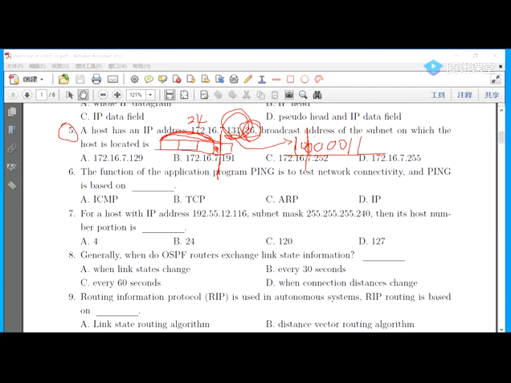/26 means the boundary between the network portion, the prefix portion, and the host portion locates here. So the broadcast address means these 6 bits in the host portion are all set to 1.